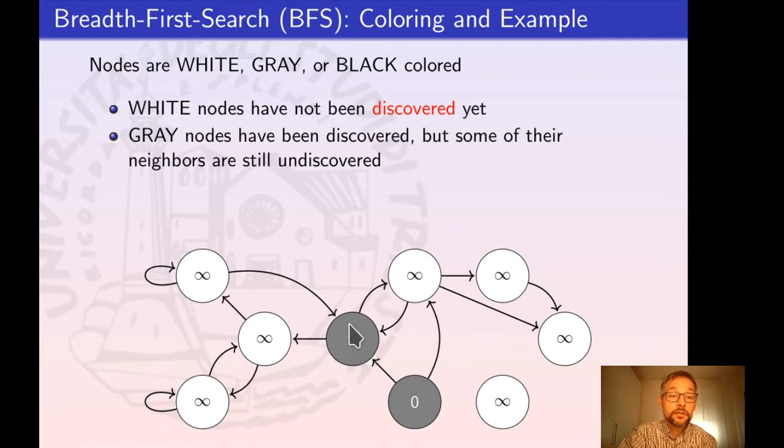Now, since I'm moving like a wave, I don't care about the next step. We will not deal with these nodes yet, because the first gray node is still gray, so I know there are other white neighbors of it that I need to take care of first.